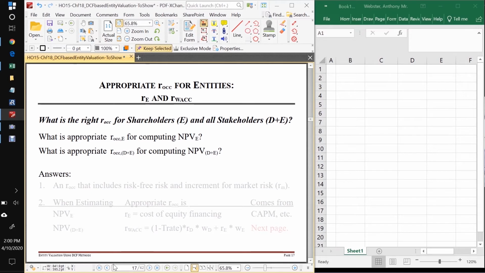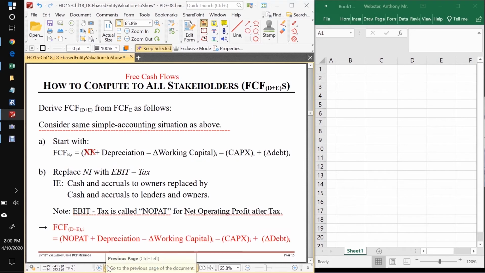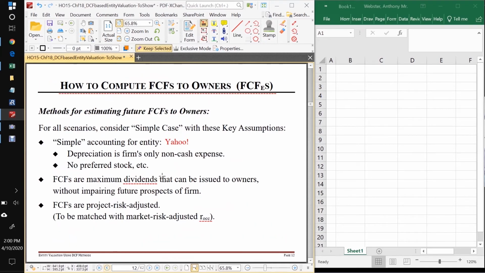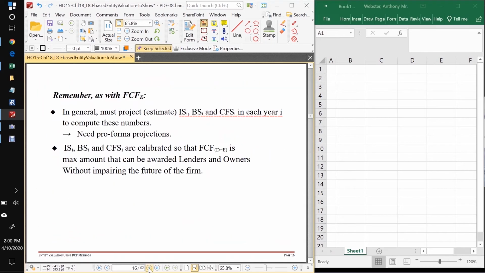Okay, so that's it for cash flows. So we know how to get cash flows if we're valuing the firm for everybody, all stakeholders, and we know how to get the cash flows if we are valuing the firm for the owners. So yahoo for that. Okay, now what is next up?